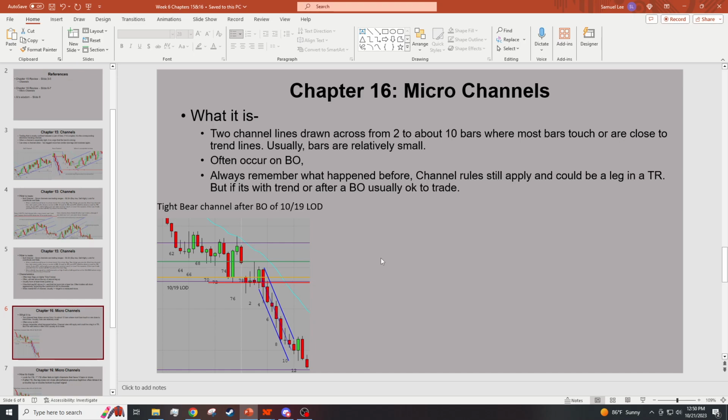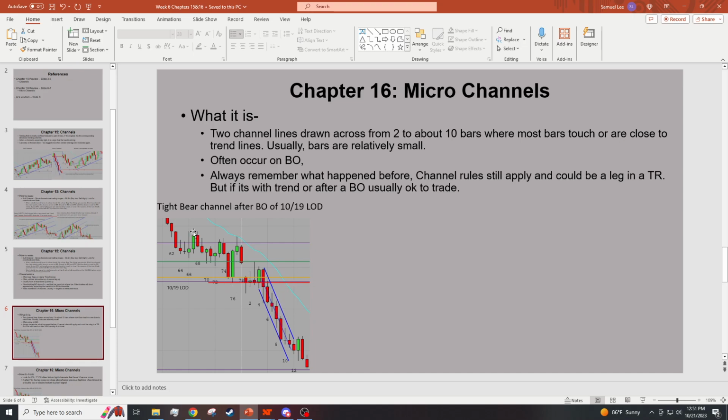But he does talk about in this chapter, don't ever forget your context, because they can happen at any time. They just usually happen on breakouts. But if they're happening in the middle of a trading range, it's still not a good idea to buy high or sell low. So always remember your context.